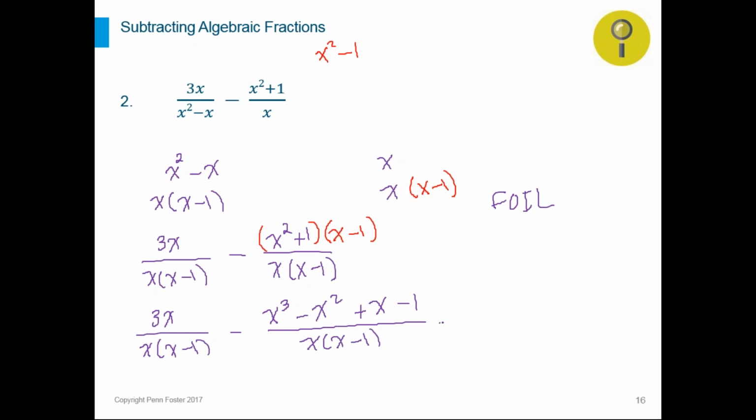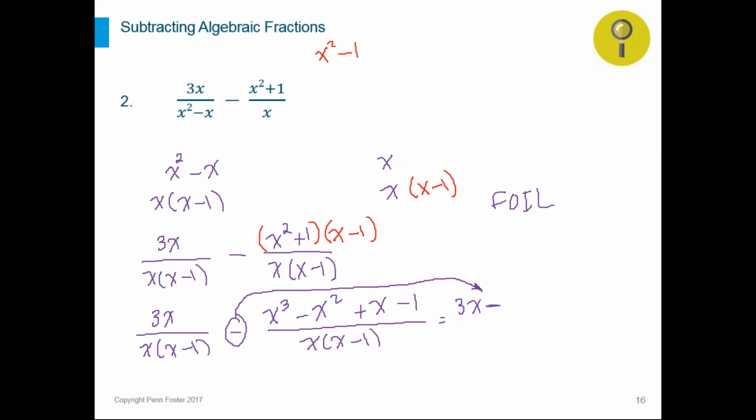Now combine those numerators in one fraction. So we're going to have 3x. Look at this step. This step is so important: minus, because we said we have to bring down the minus sign to the numerator. Minus what? The minus sign has to be applied to all of the second numerator.